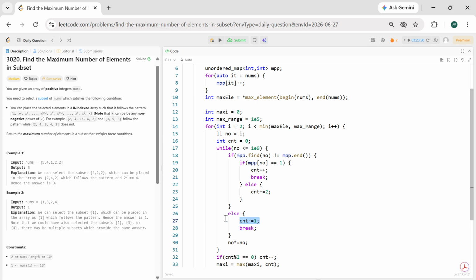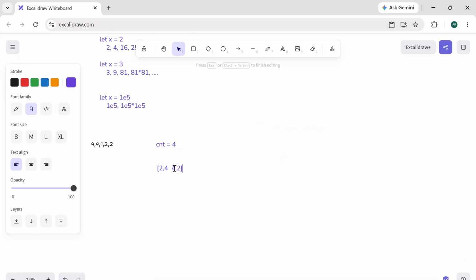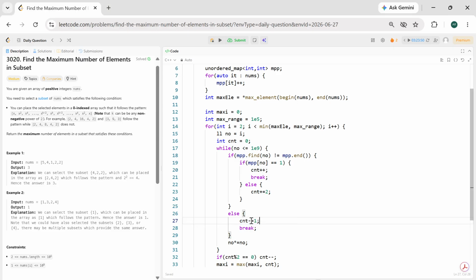So that is why I am decrementing the counter. What I am basically doing here is removing this one 4, right? That is why I have put the else statement here, and this is the logic inside it, and I simply break out of the loop.